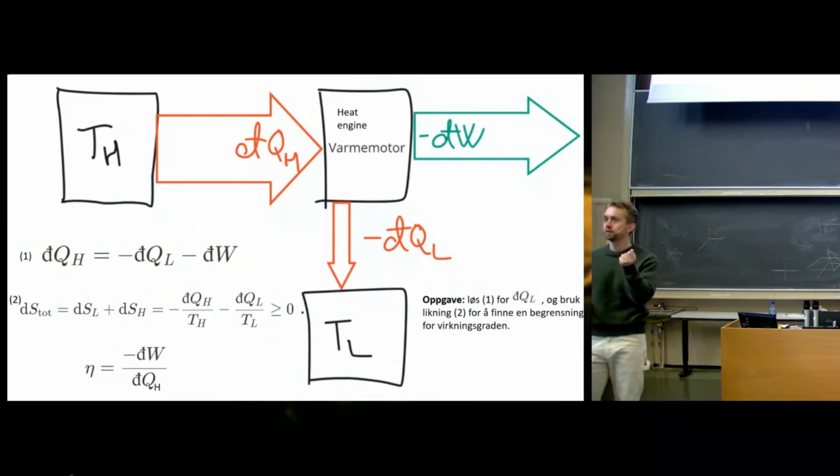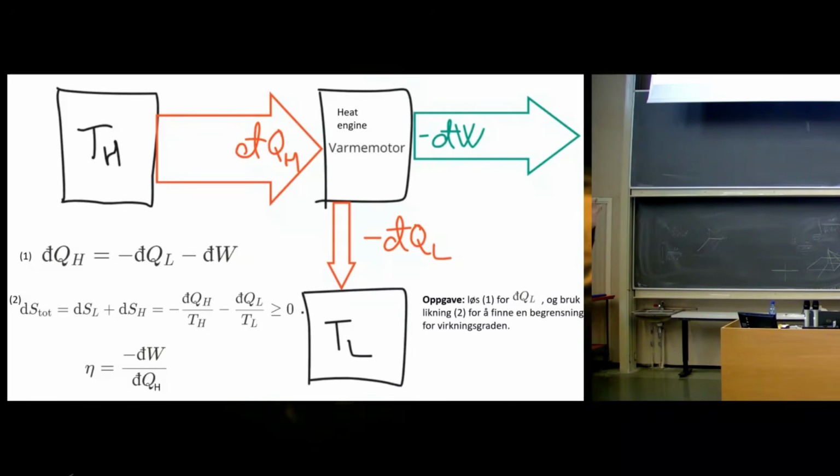Okay, so now the question is, given this, what is the consequence for an actual heat engine, right? This is how an actual heat engine could look like. It takes some heat energy from what we call a hot reservoir, and you're pouring the energy into it.